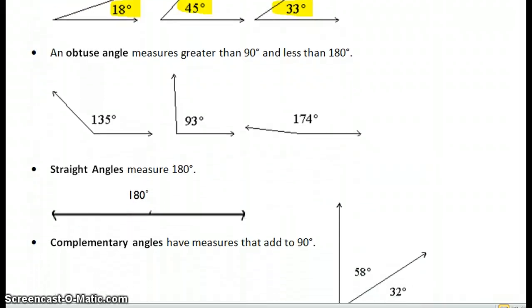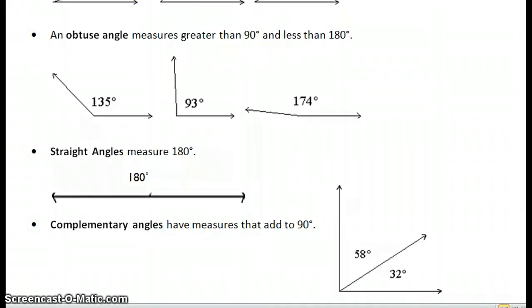Our next type of angle is an obtuse angle, and they are greater than 90 but less than 180. So we have 135, which is more than 90 but less than 180. 93, not much more than 90, but it is more than 90 and less than 180.